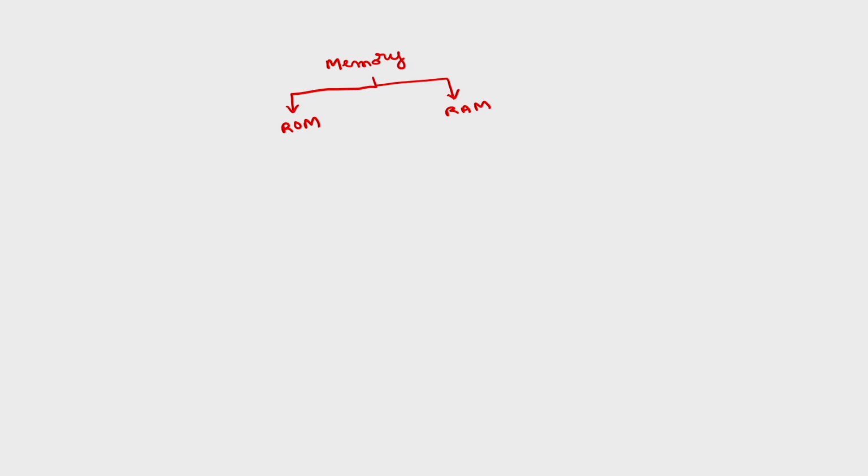Again in read only memory there are different types: programmable read only memory (PROM), erasable programmable read only memory (EPROM), and electrically erasable E² PROM. Similarly, in RAM also we have static and dynamic.